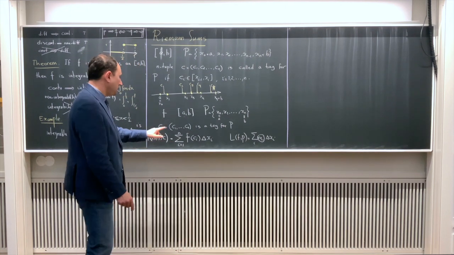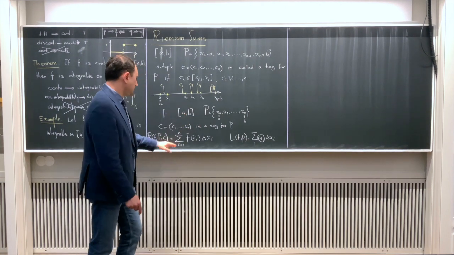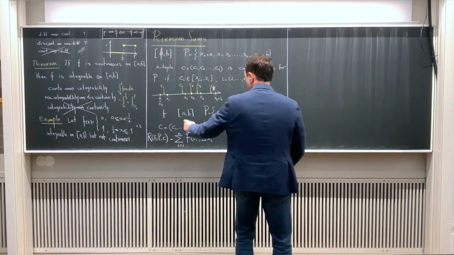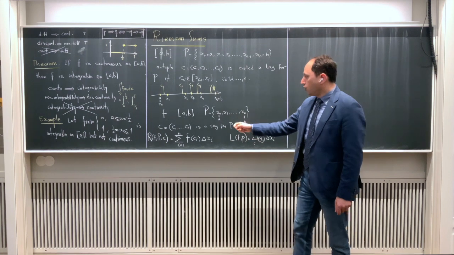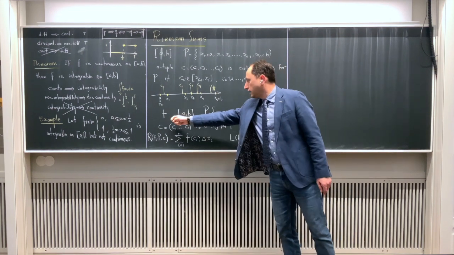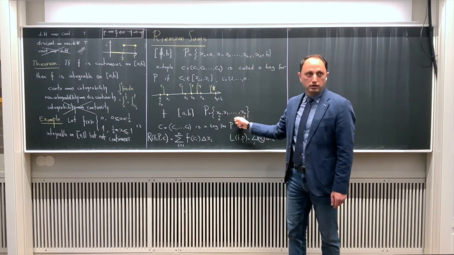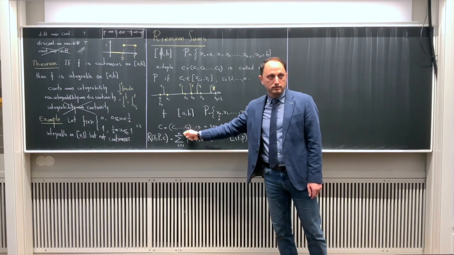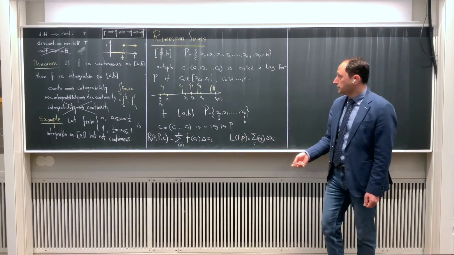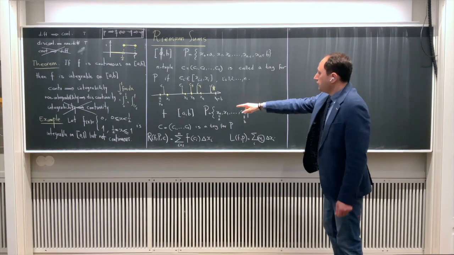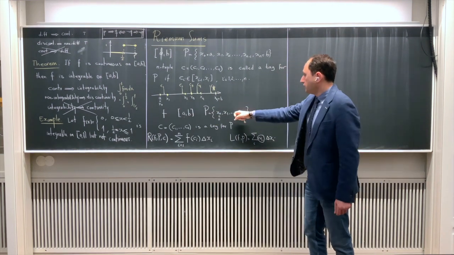Okay, but I want to write something. Let me tell you something. For writing the lower sum and the upper sum, I only need the function and the partition. I don't need the tags, okay? Because you see there is no track of tags here. So I give you f and I give you a partition.